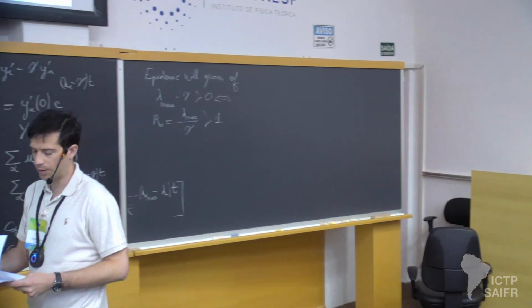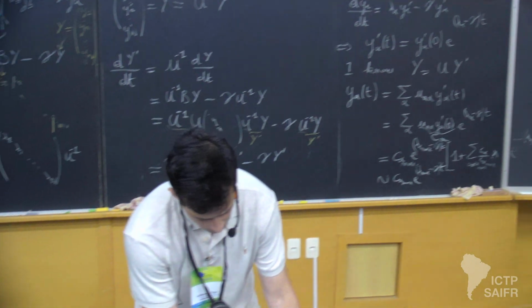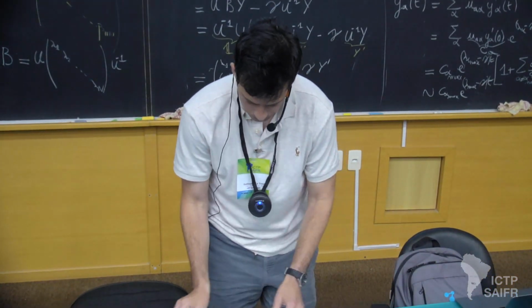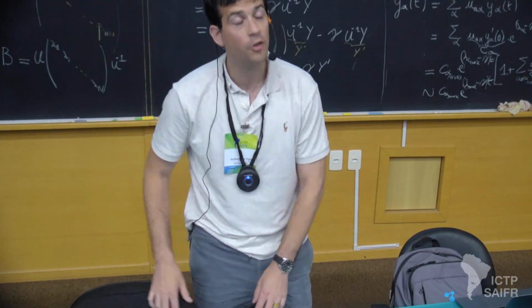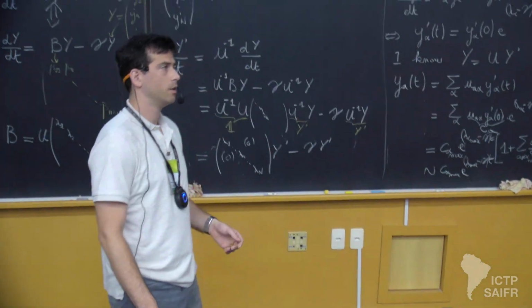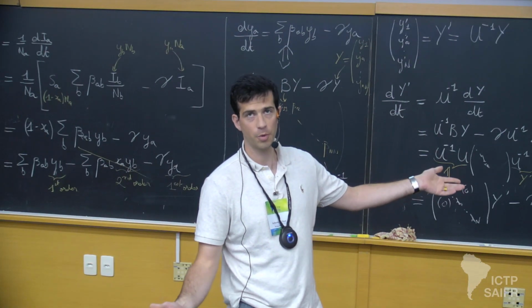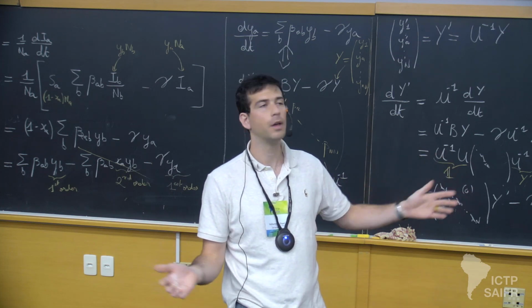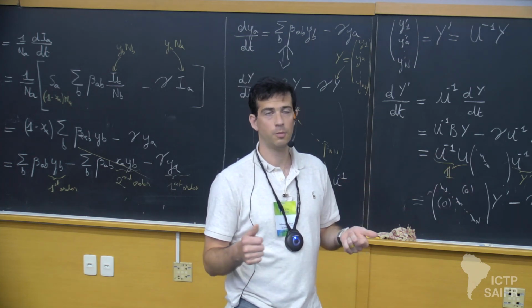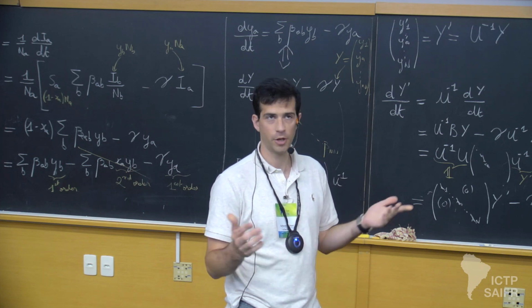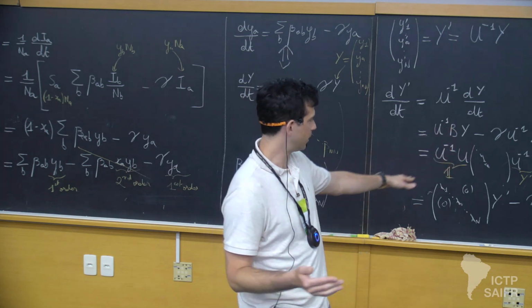So this example was to motivate, to give you a hint why it is of interest to analyze the spectral properties of these big matrices. Spectral properties means the eigenvalues, basically. If you know this matrix, you can just do the eigenvalue decomposition.